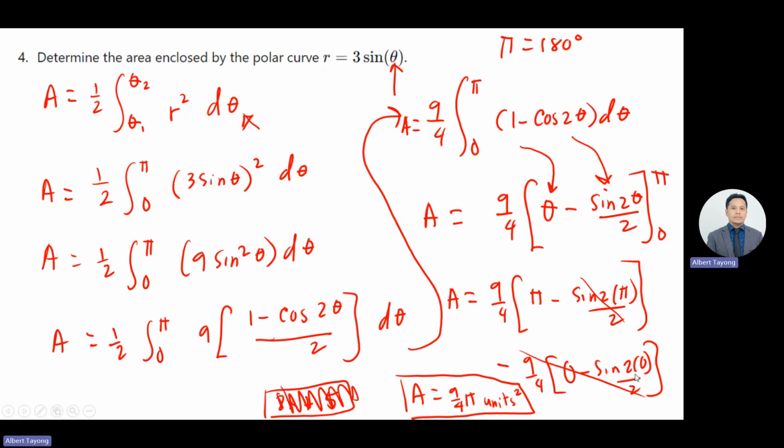And this will be all 0 because sine 0 actually is 0 in your calculator. So the answer is 9 pi over 4 units. Please take note that pi is equal to 3.14159. So you can change this into the value, times 9, divide by 4, and you're going to get the exact value.